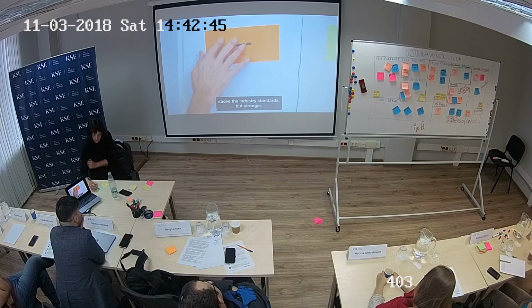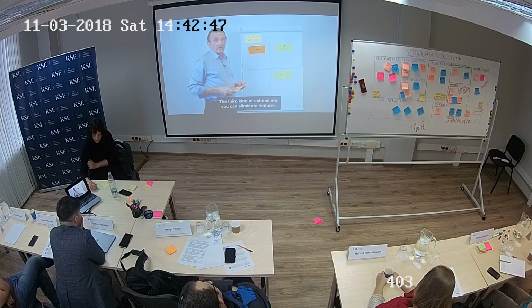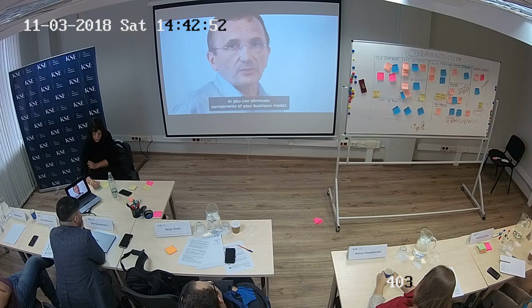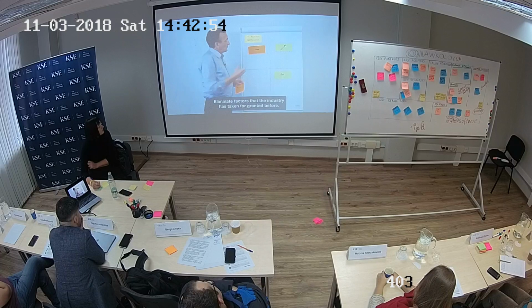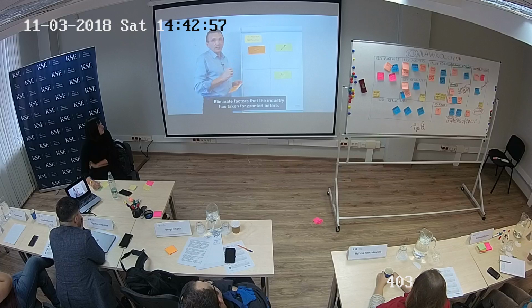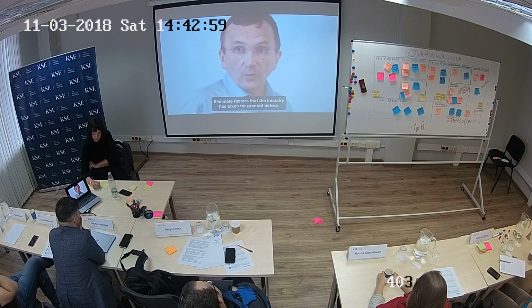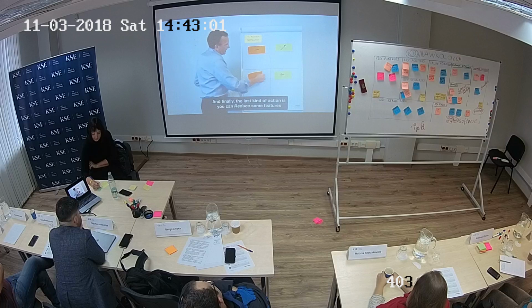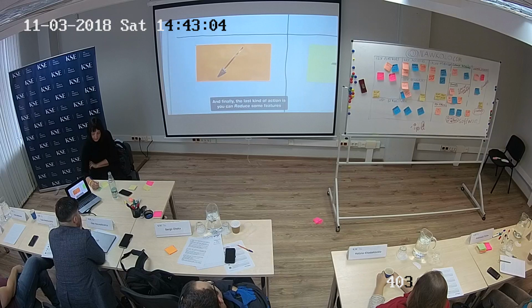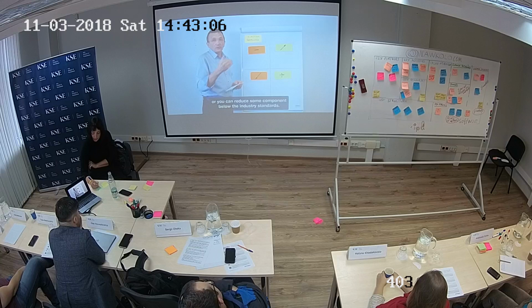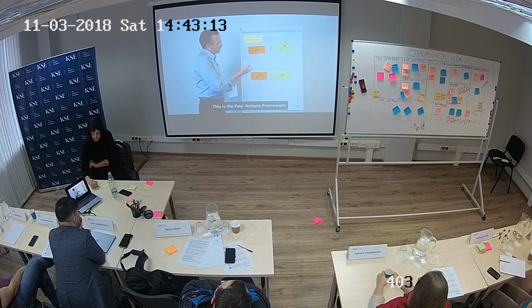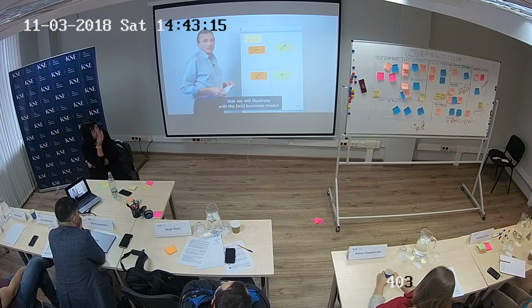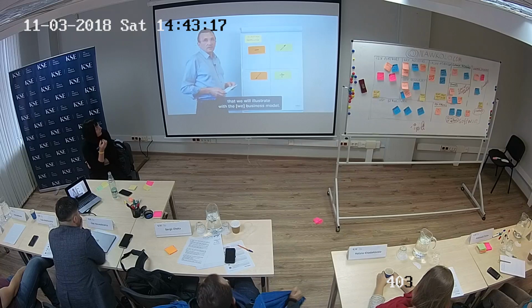The third kind of action is you can eliminate features or components of your business model, eliminate factors that the industry has taken for granted before. And finally, the last kind of action is you can reduce some features or some components below the industry standards. This is the four-action framework that we will illustrate with the business model.